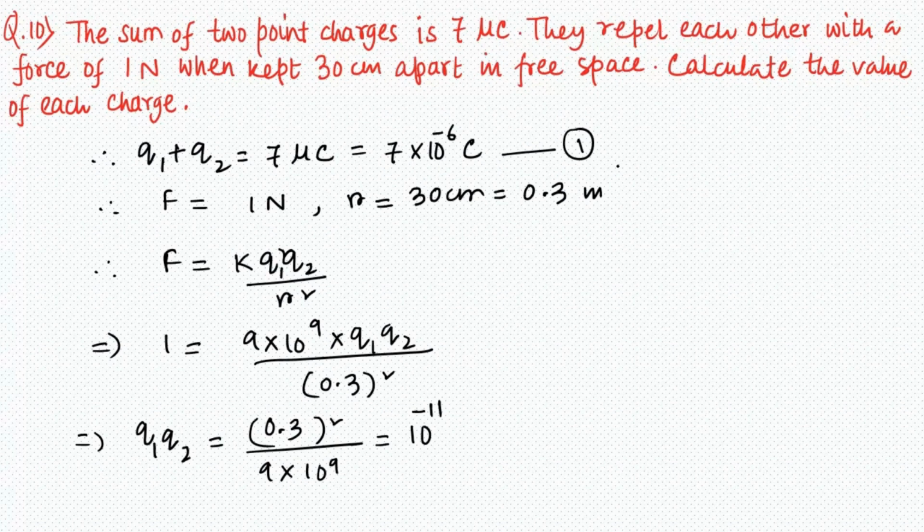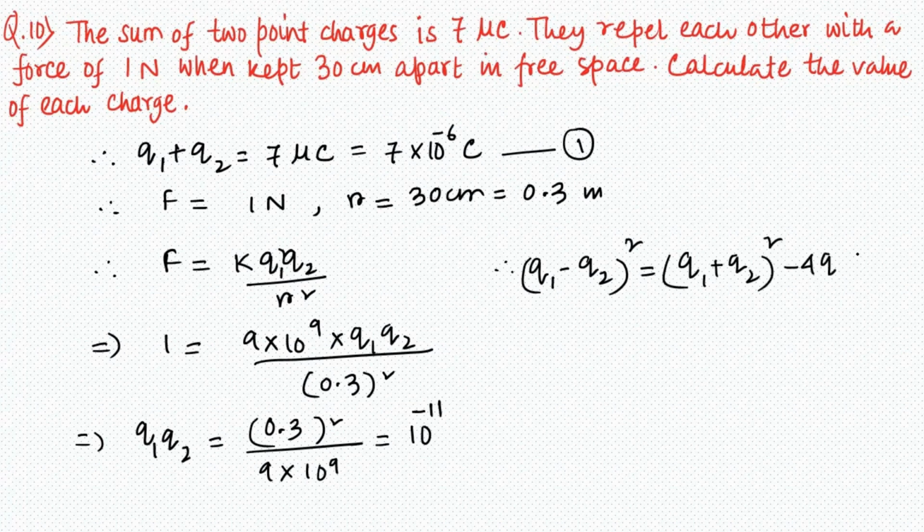So we know from an algebraic identity that Q1 minus Q2 whole square is equal to Q1 plus Q2 whole square minus 4 Q1 Q2. So we can use this: 7 into 10 to the power minus 6 whole square minus 4 into 10 to the power minus 11.